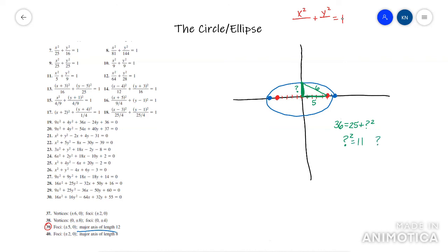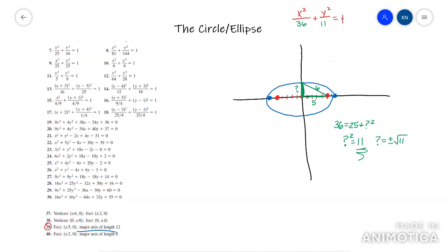I got root 11. But you really only care about this number because it's going to be squared in your equation anyways. It's horizontal, so that 36, half of the major axis length squared, goes here. The 11 goes here, and I would be done.